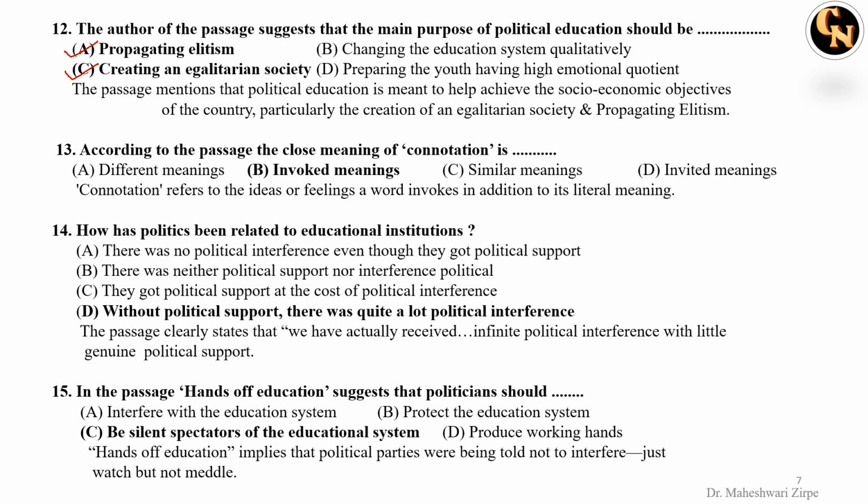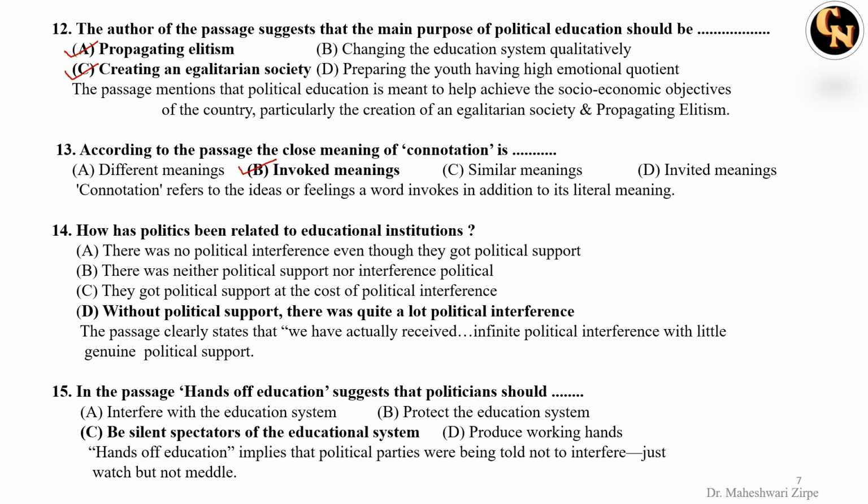Next is, according to the passage, the closest meaning of the connotation is dash. So here connotation in the paragraph indicates evoked meaning. Okay, it evokes in addition to the literal meaning. The next is, how has politics been related to the educational institution in the paragraph?